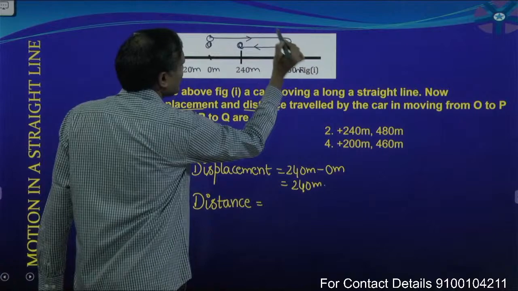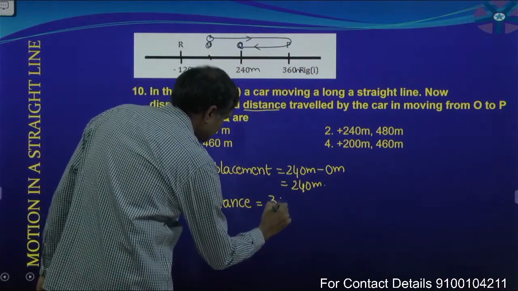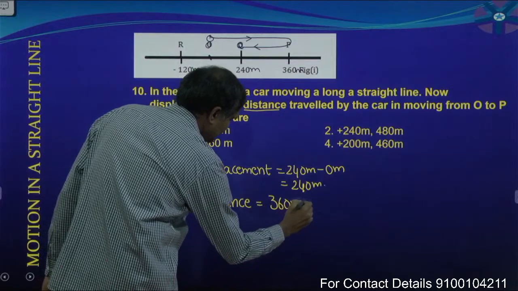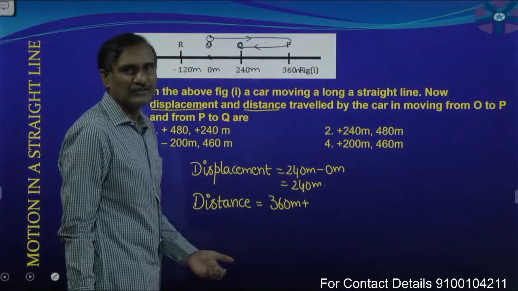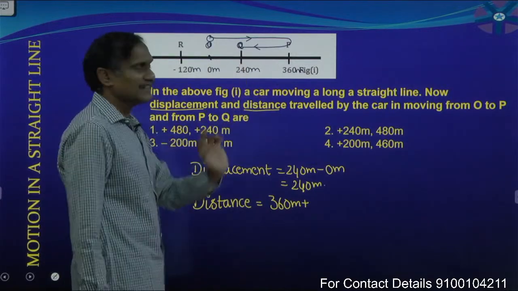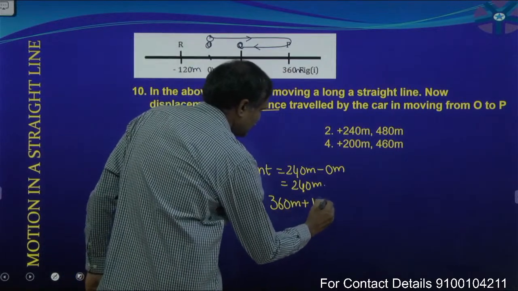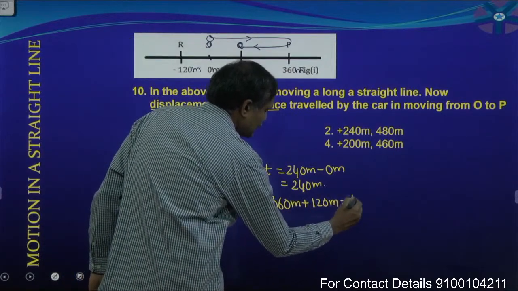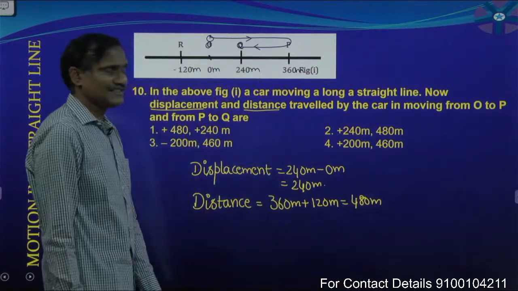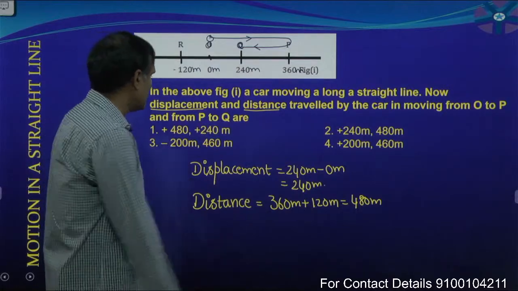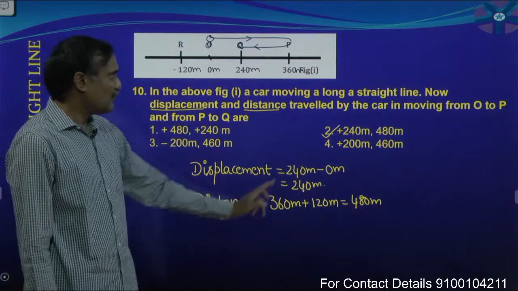From here to here, how much length? 360, plus from here to here, how much is it? 120. So, it becomes 480 meter. So, the answer is the second option, 240 meter, comma 480 meter.